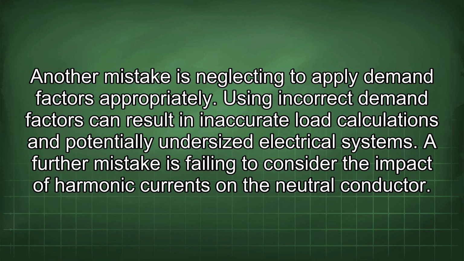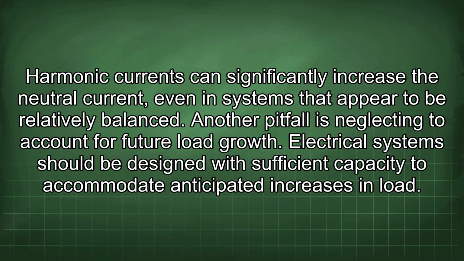A further mistake is failing to consider the impact of harmonic currents on the neutral conductor. Harmonic currents can significantly increase the neutral current, even in systems that appear to be relatively balanced. Another pitfall is neglecting to account for future load growth. Electrical systems should be designed with sufficient capacity to accommodate anticipated increases in load.